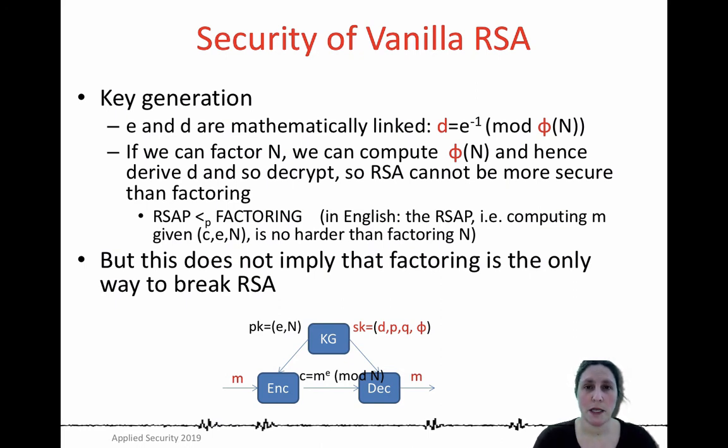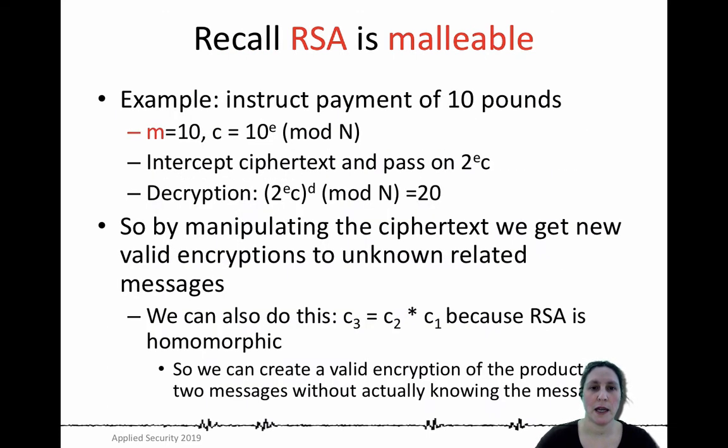But as we will see, and as also already the notion of IND-CCA reveals, vanilla RSA as such is simply not strong enough. And the reason is that we can very easily manipulate ciphertexts and thereby show that RSA is malleable.